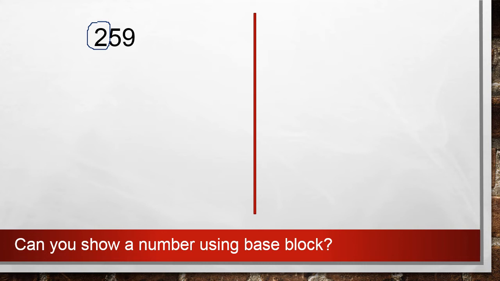So we need 2 blocks of 100. Then 5. 5 represents the number of tens block. So we need 5 blocks of tens. And the last digit represents the number of ones block. So we need 9 blocks of ones.